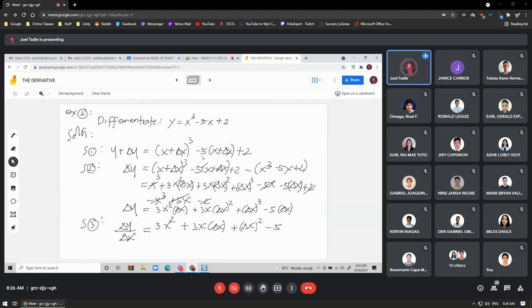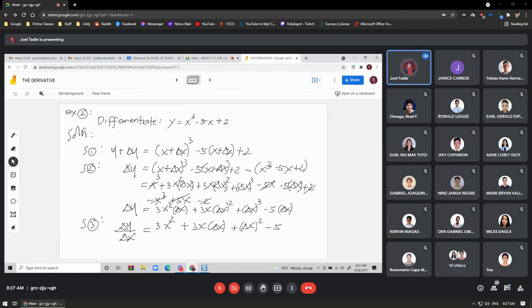Do you know how to expand the cube of a binomial? Do you remember the expansion? We need to expand here the cube of a binomial, x plus delta x cubed. There was a formula before, right? Sir, there is, a cube minus b cube. So we can apply it here, since we are expanding the cube of a binomial.